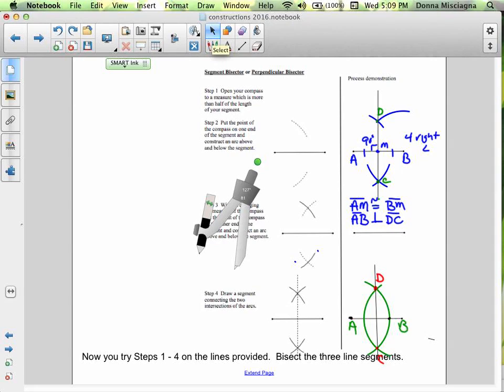A is the center of the circle. It'd be a good idea if you did this construction with me so you can write these things and you don't have to do it later. So what is it called if I go from the center to the edge of the circle? That was one of our vocabulary words. That is a radius. So this here is a radius of a circle.